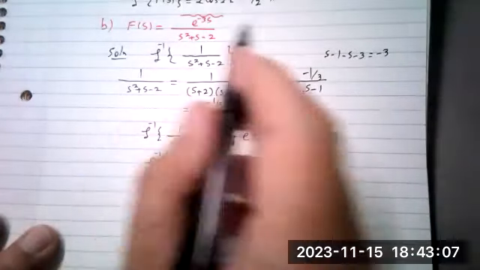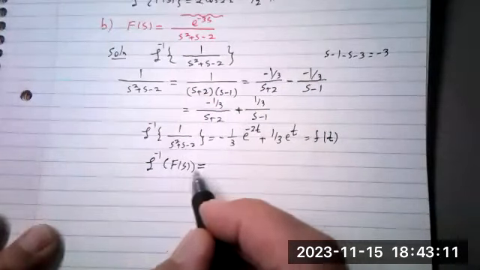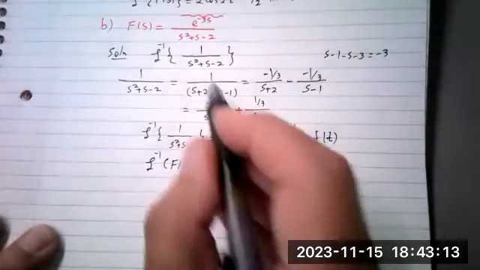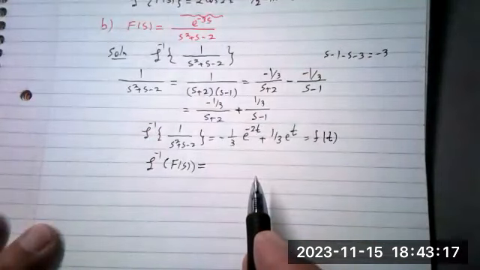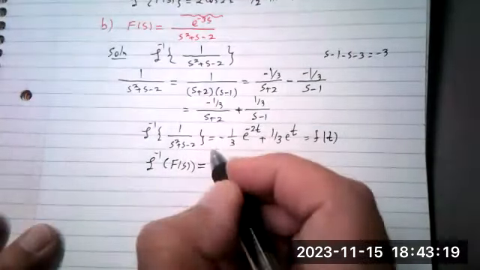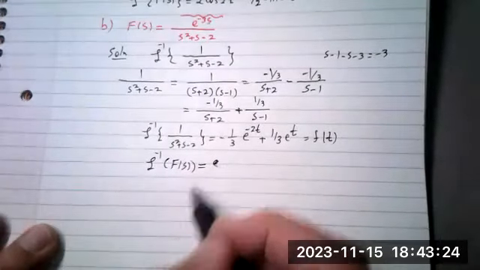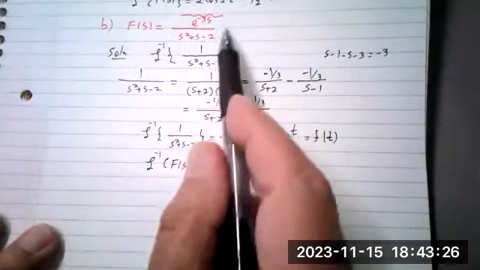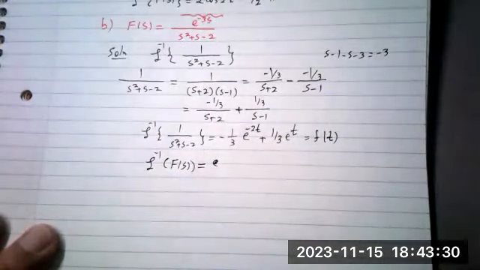So you just have this. This is it. That's going to be the one. So I have this one, and then I have the e to the negative 3s. So that would give me e to the... what is that? You need a u function for this one, yes?